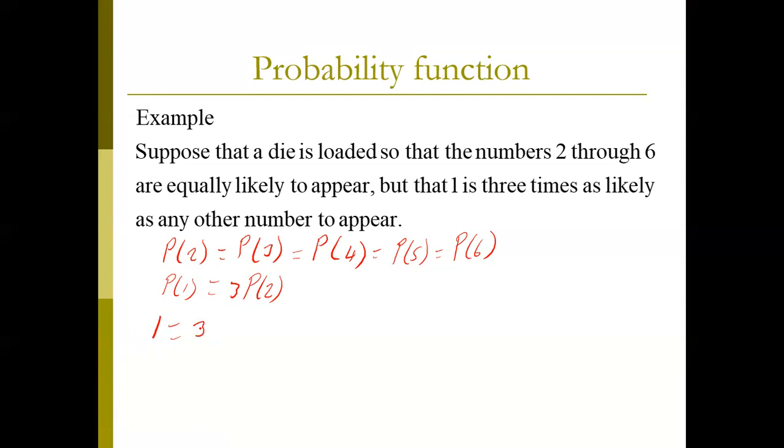So it's 3 times the probability of 2, plus the probability of 2, plus the probability of 3, which is the same thing as the probability of 2, plus the probability of 4, which is the same as the probability of 2. And for 5 it's the same thing, plus the probability of 6, which is the same as the probability of 2.